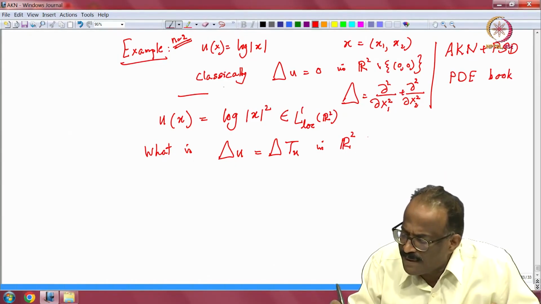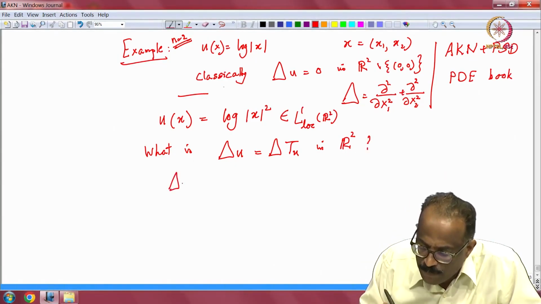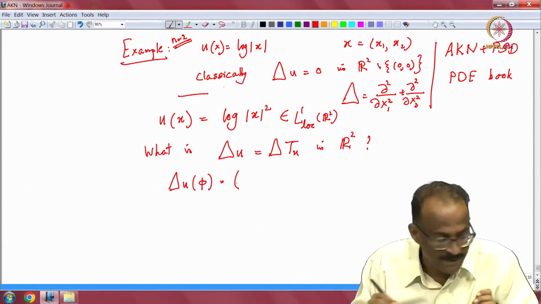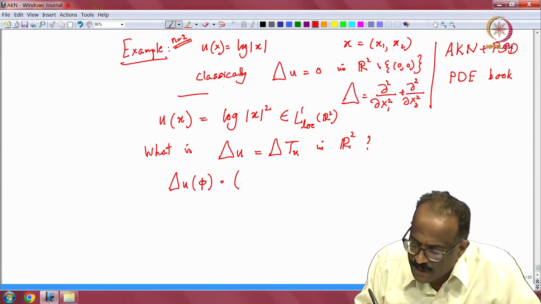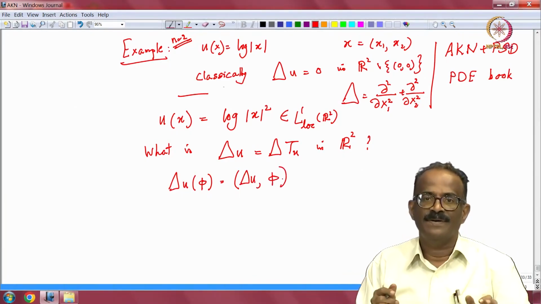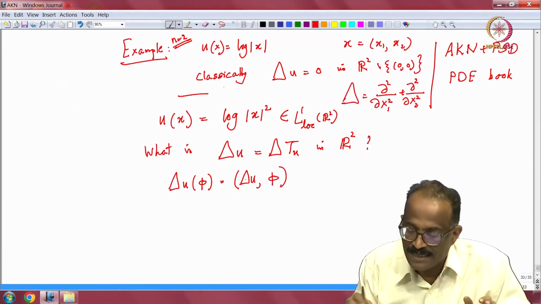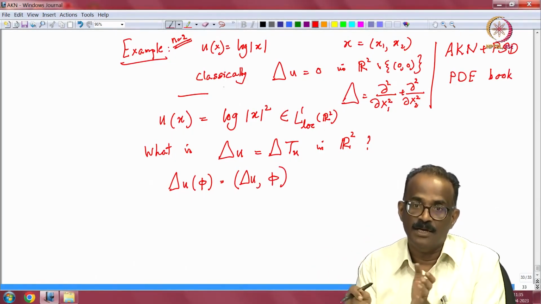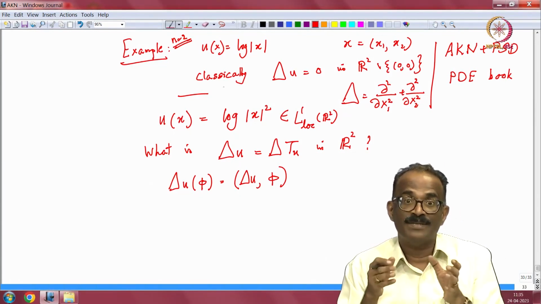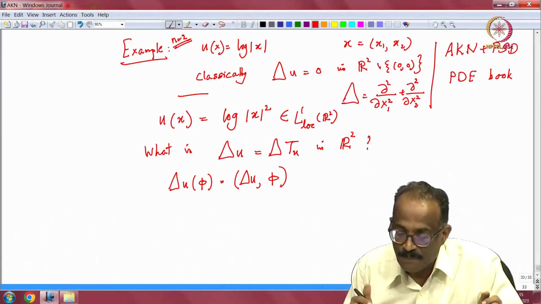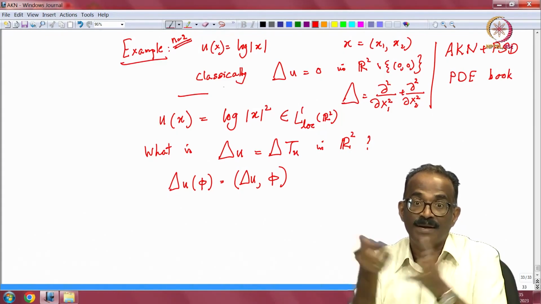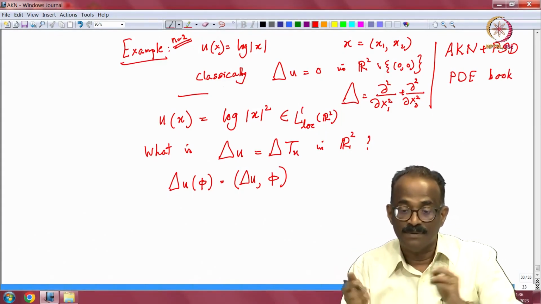So I am interested in Laplacian of u acting on phi. Sometimes I use this notation. I cannot write it as an integral right now, because Laplacian of u need not be given by a locally integrable function, so you can't write it that way.